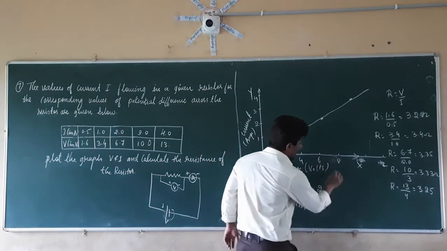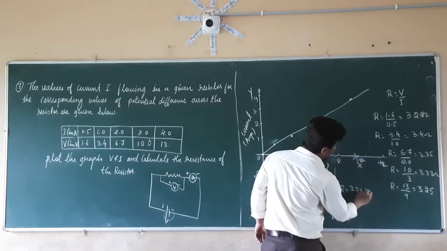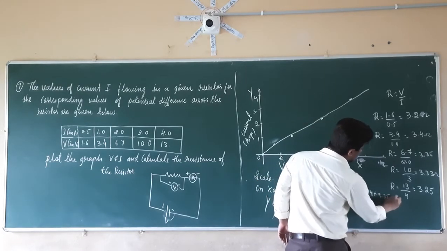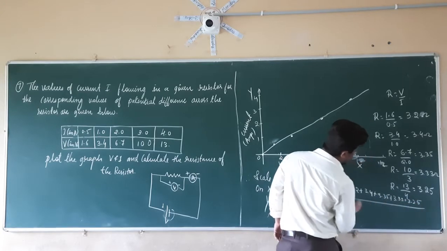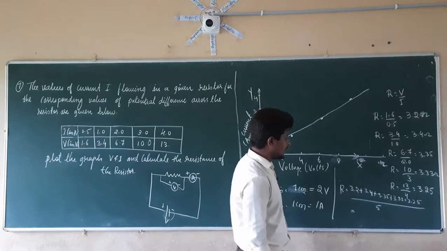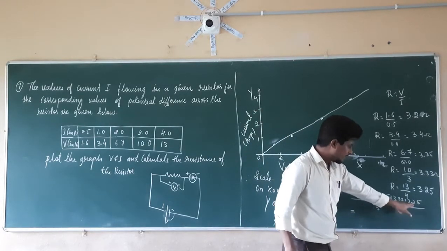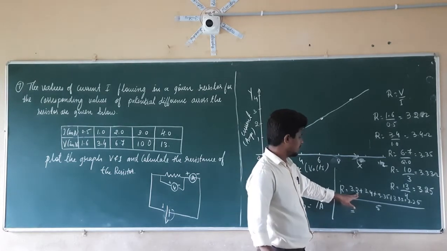So therefore R is equal to 3.2 plus 3.4 plus 3.35 plus 3.33 plus 3.25 divided by 5. So this is equal to, if you add all those things, what answer are you going to get?